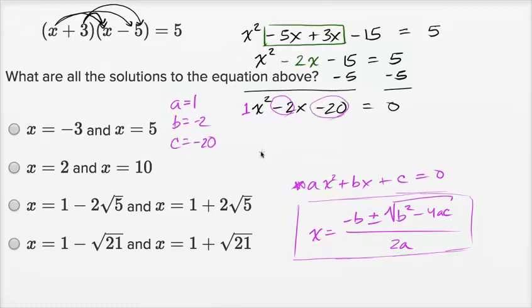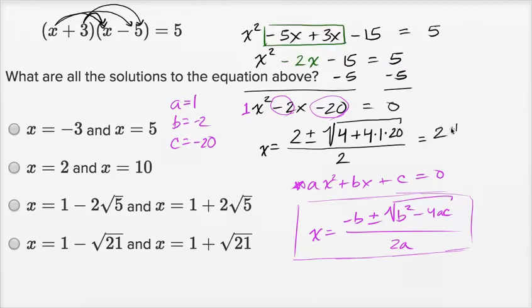So the roots are going to be x is equal to negative b, which is the negative of negative 2, so that's positive 2, plus or minus the square root of b squared, which is 4, minus 4 times a, which is 1, times negative 20. So instead I'll put a 20 here, since it's a negative 20 but I'm subtracting it, I could put a plus there. And then all of that over 2a. Well, a is just 1, so all of that over 2.